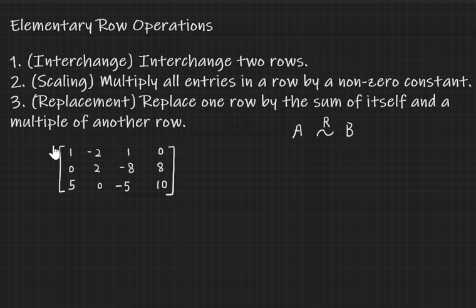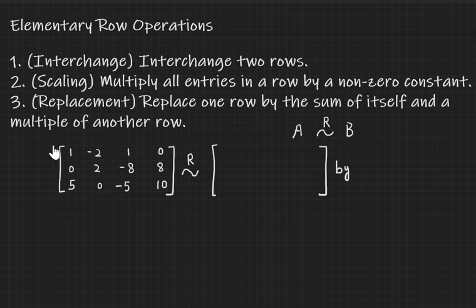So for the considered rectangular matrix, if we apply any elementary row operation from these three, we get another matrix that is row equivalent to it. So let's work out the first elementary row operation, which is interchange of any two rows.